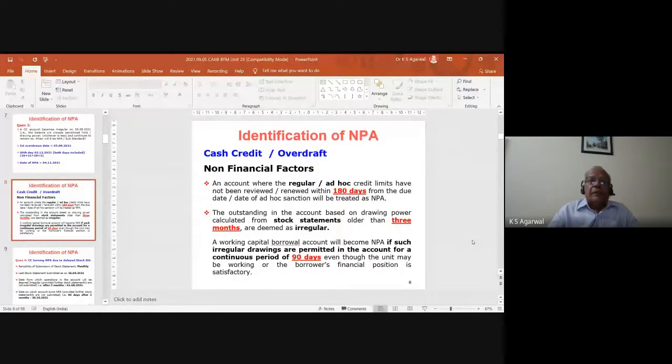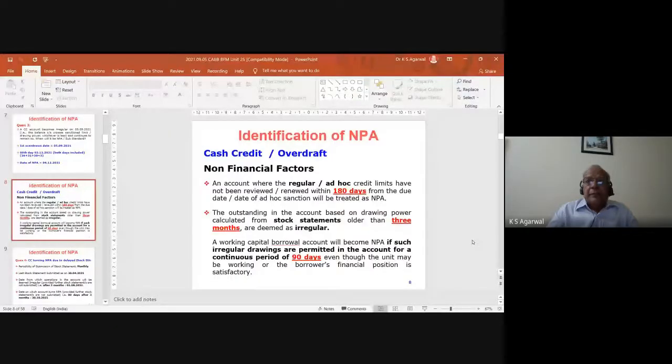So if I sanction a limit today, 5th September, and release it, then on the 5th September of next year, that is 2022, it must be renewed or reviewed. And if it is not done, then there is a chance that this account becomes NPA. When will it become so? 180 days from 5th September 2022.